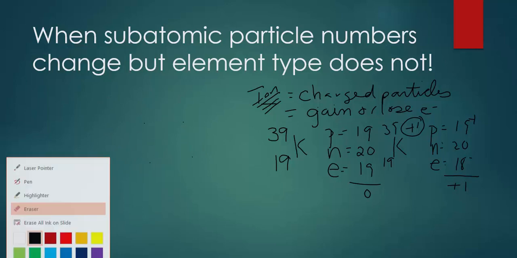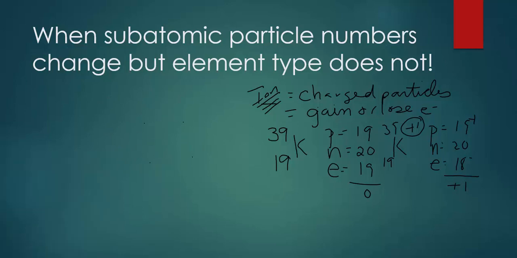Okay, so let's just take fluorine again, for example. And fluorine was 19 and 9. So normally the number of protons is going to be 9, the number of neutrons is going to be 10, and the number of electrons is going to be 9. But when fluorine becomes an ion, it becomes a -1 charge. Protons don't change.